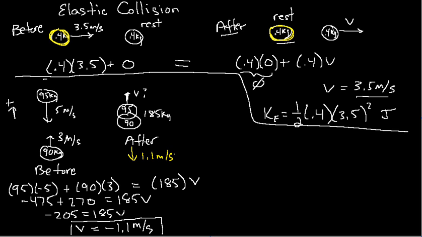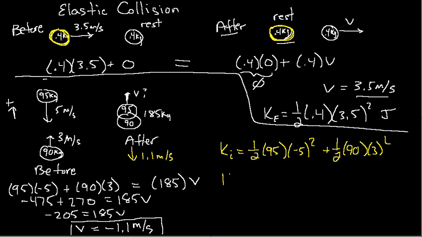Since this was perfectly inelastic, we know we had to lose kinetic energy, and we can find out how much by looking at the initial kinetic energy. The total initial kinetic energy is 1/2 times 95 times minus 5 squared, plus 1/2 times 90 times 3 squared. The final kinetic energy is simply 1/2 of 185 times negative 1.1 squared.